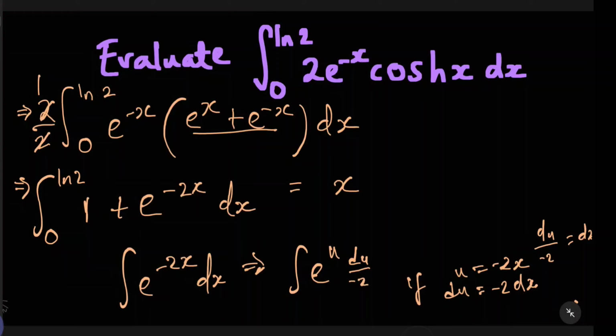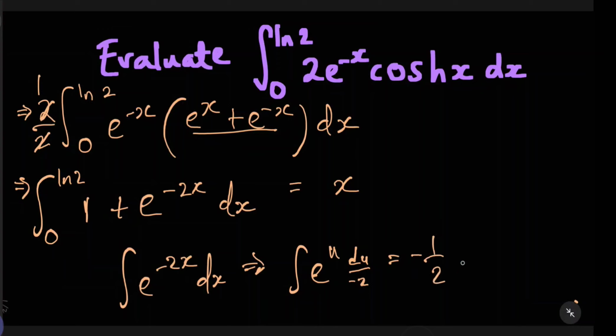And the integral of this, first off, you can start by taking out the constant, which would be minus 1 over 2. But the integral of e raised to the power u is still e raised to the power u. So that does it. Where u, we said that u is minus 2x.